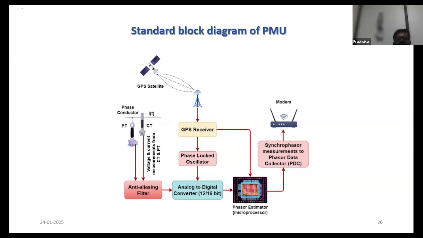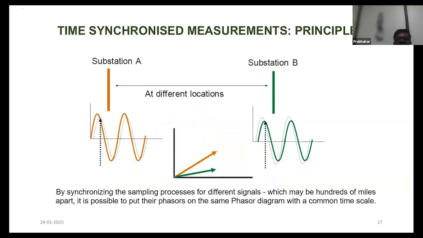Whatever technology comes, the first devices will be these two only. After that, you manipulate the data and make it suitable for communicating to the next level, and you estimate it, synchronize it and send it to the PDC. All those things are okay.